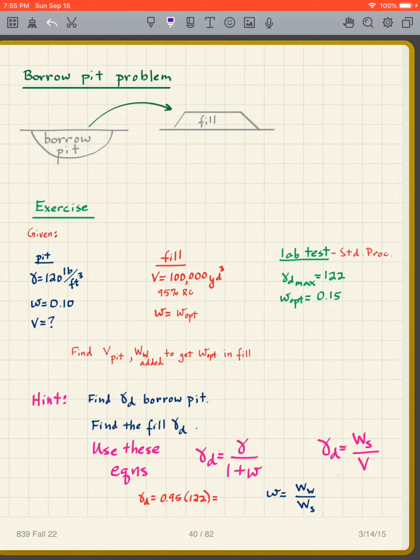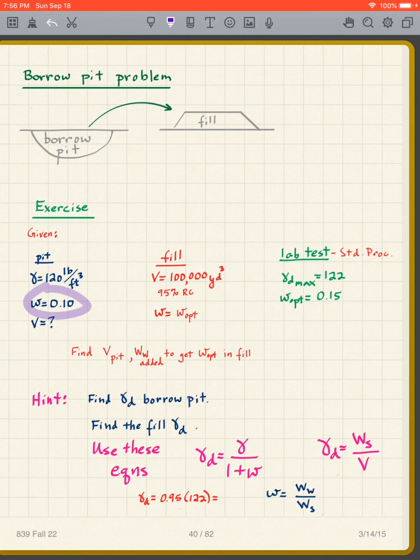And a lot of times what we want to know is what volume do I need, for instance. There are different problems that can be created from this. But here's the problem here: at the borrow pit, this is the situation of the soil. The unit weight is 120 pounds per cubic foot.